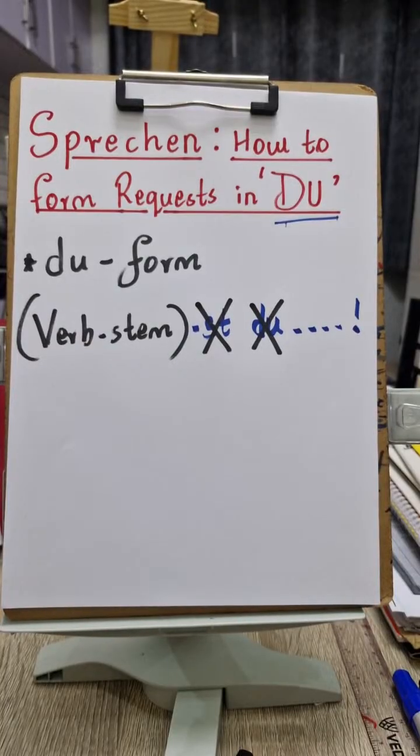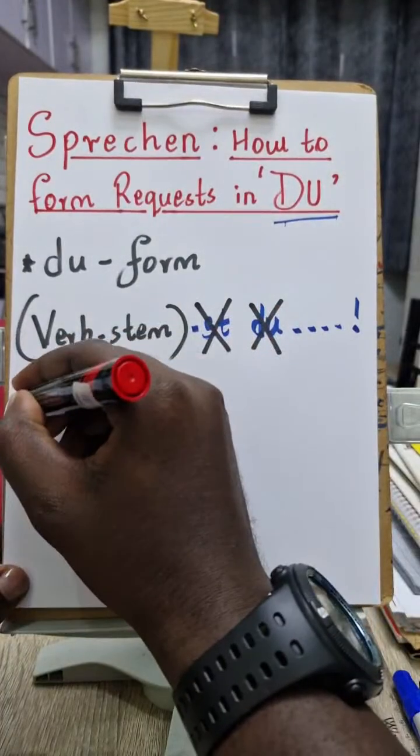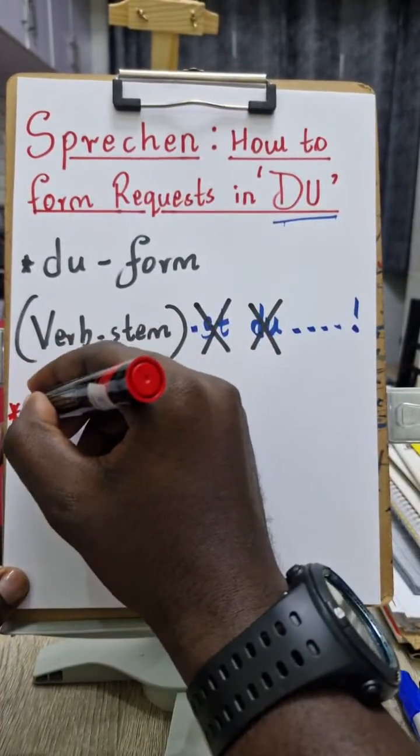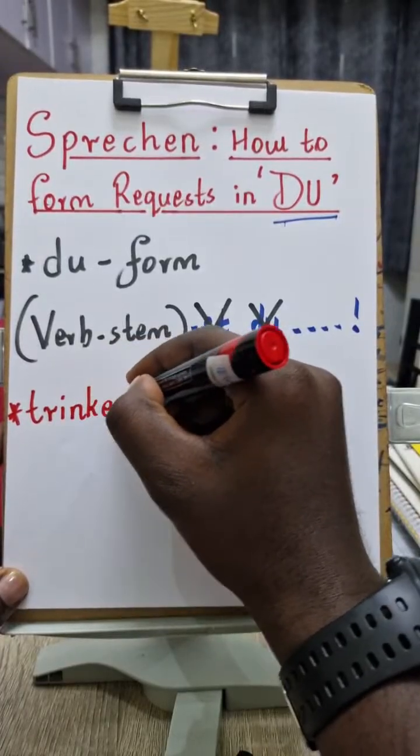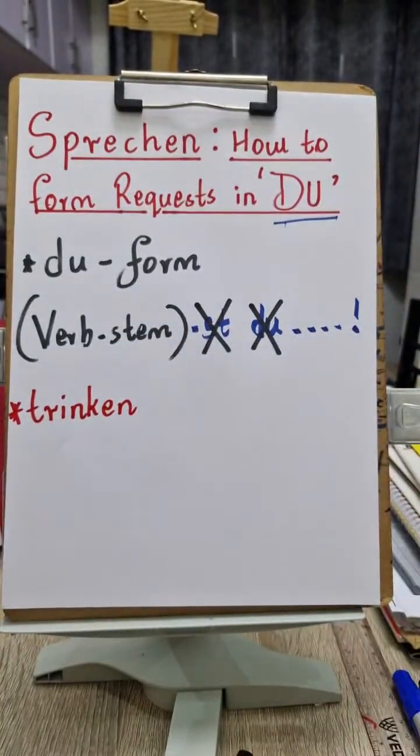Welcome in. Right. So let me assume I want to request somebody to maybe please drink the milk, right? Please drink the milk. So the verb that we have here is trinken, right?